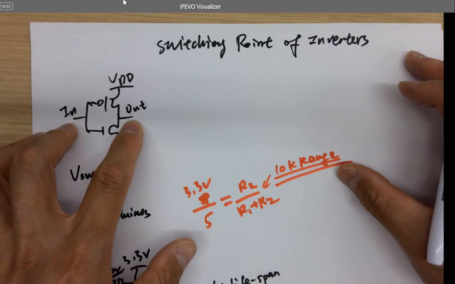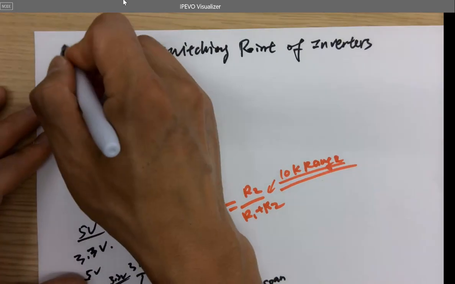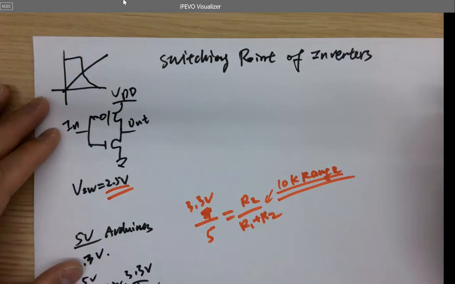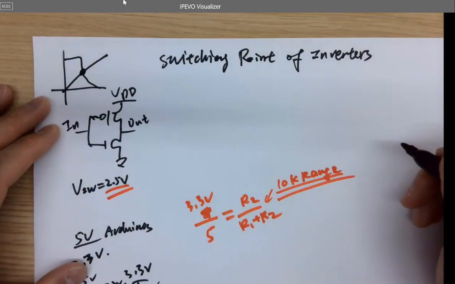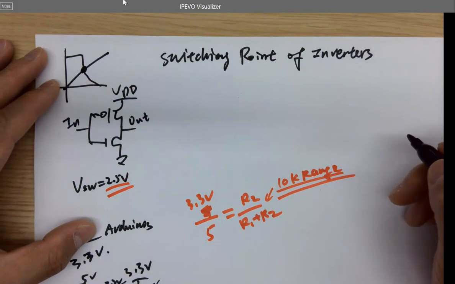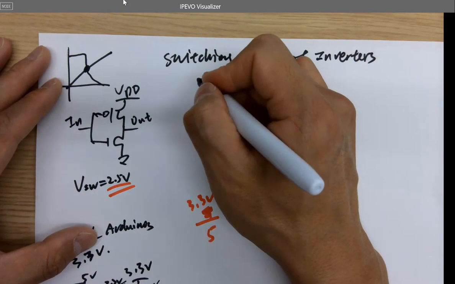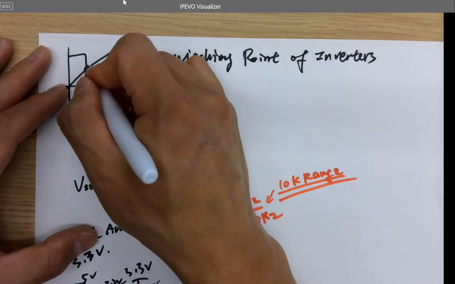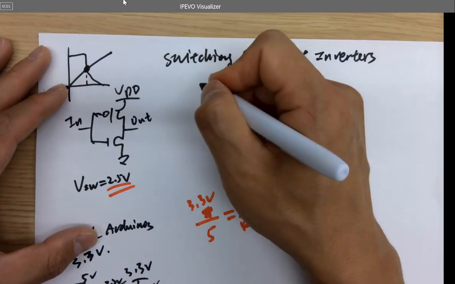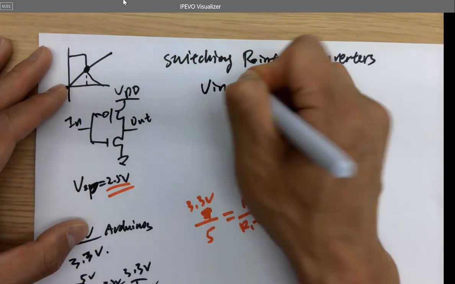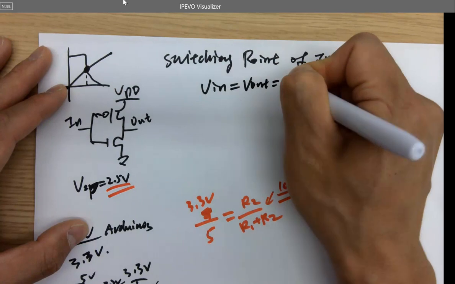So when it's switching, this is the inverter's curve, right? When it's switching, V in equals V out. Okay? And V in equals V out equals V switch. Let's use VSP here. So V in equals V out equals VSP.